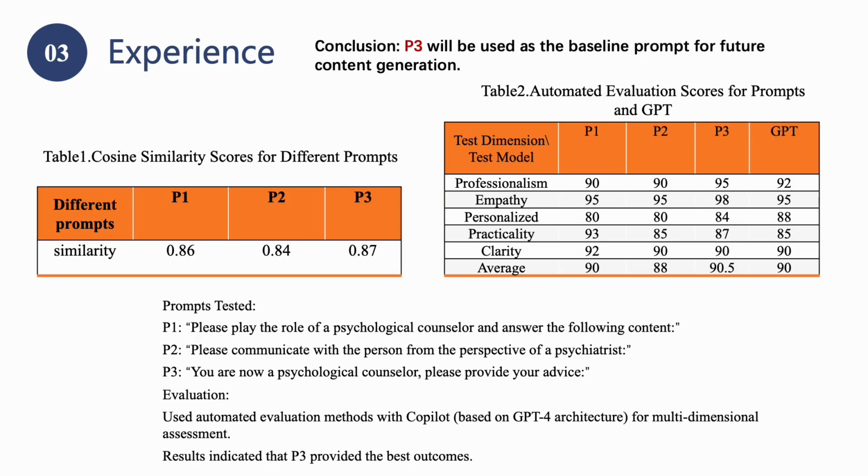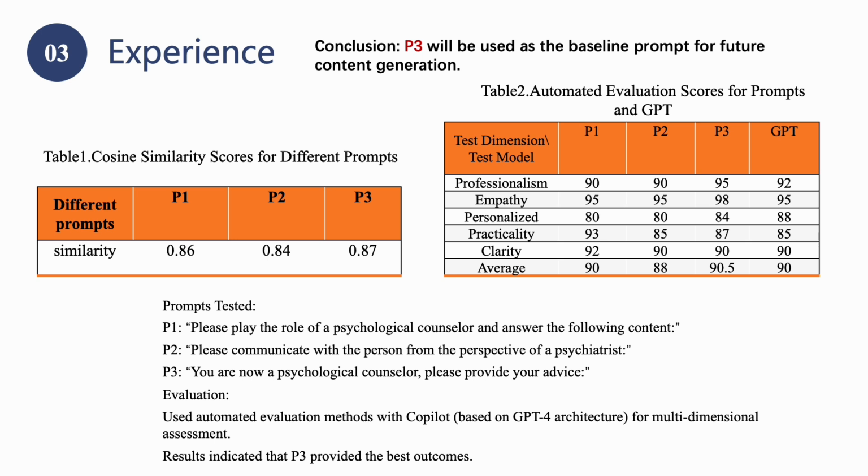On this page, you can see three prompts that we selected and evaluated in two ways. First, BERT is used to embed the context generated by GPT-4 into vector space, and the cosine similarities between the context are calculated.